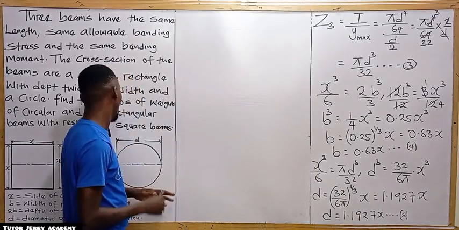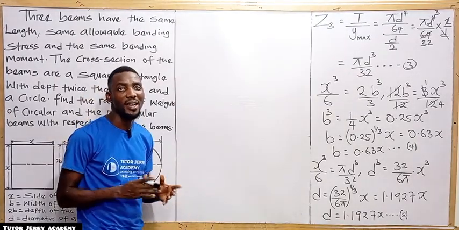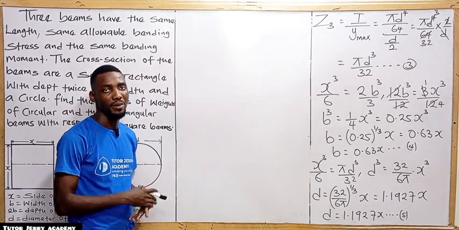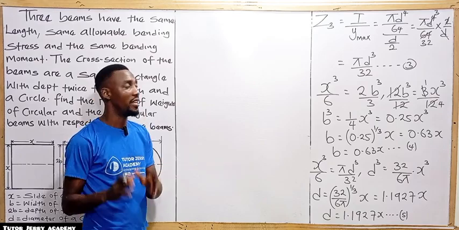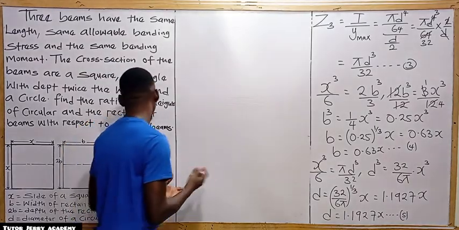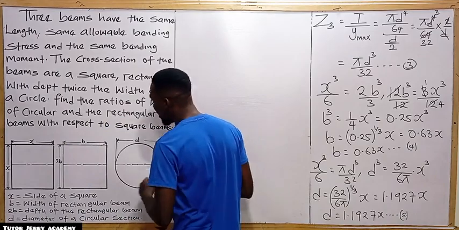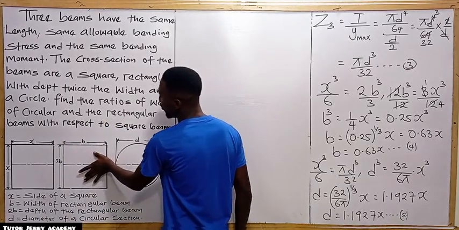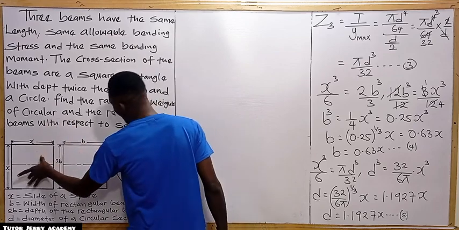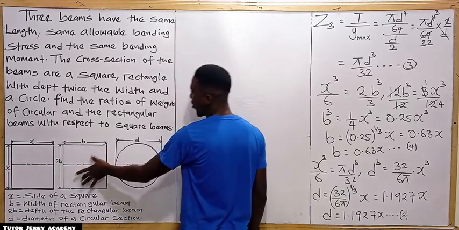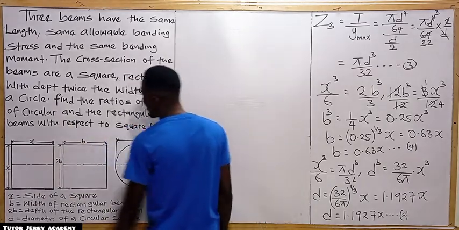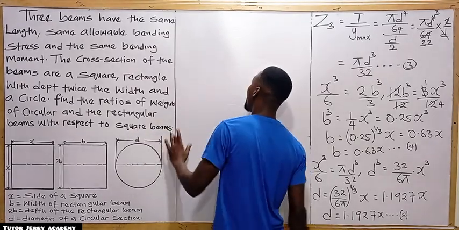You are going to note carefully that the weight of a beam is proportional to its corresponding cross-section area. So it means that we can say that the weight of a rectangle over the weight of this square is going to be equal to the area of this rectangle over the area of this square. Don't forget, we are keeping the square beam constant.